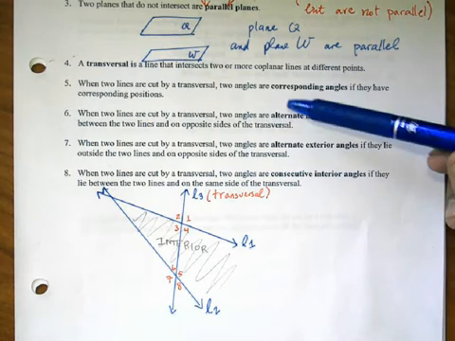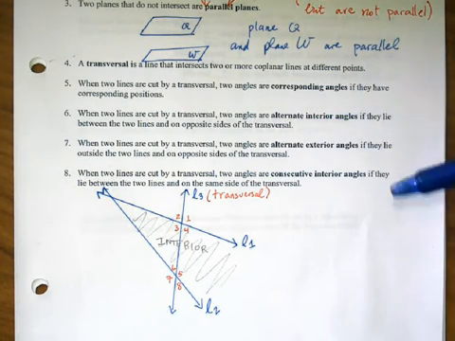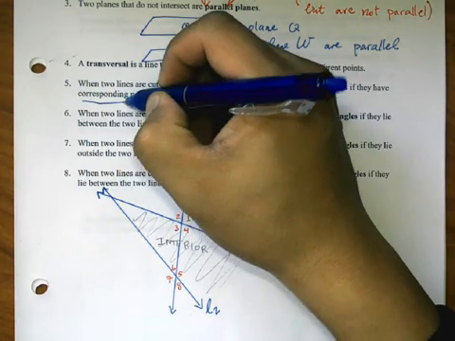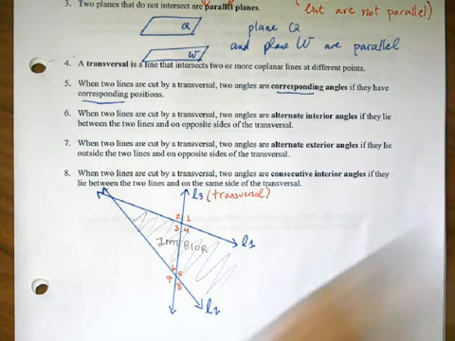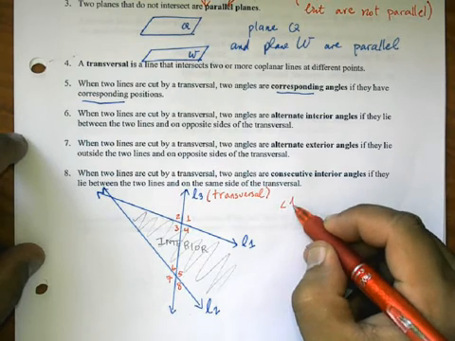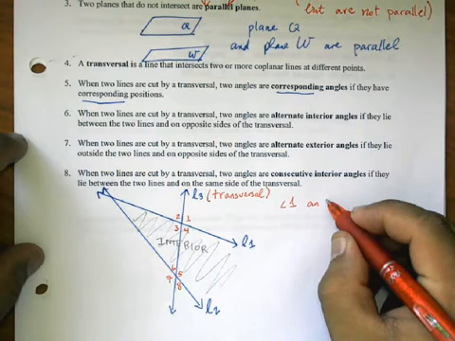So our first definition says when two lines are cut by a transversal, two angles are corresponding angles if they have corresponding positions. This is a bit of a silly definition because it uses the word corresponding to define corresponding angles. But maybe we can look at it this way, and I'll start with an example. Angle 1 and angle 5 are corresponding.